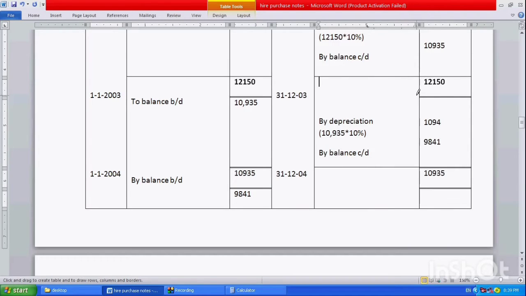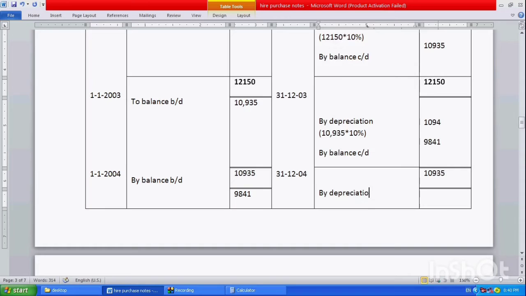Okay, I make it here. I am closing for the year. Just wait a moment. Let's draw the proper. Here 31st December 2004 by depreciation.